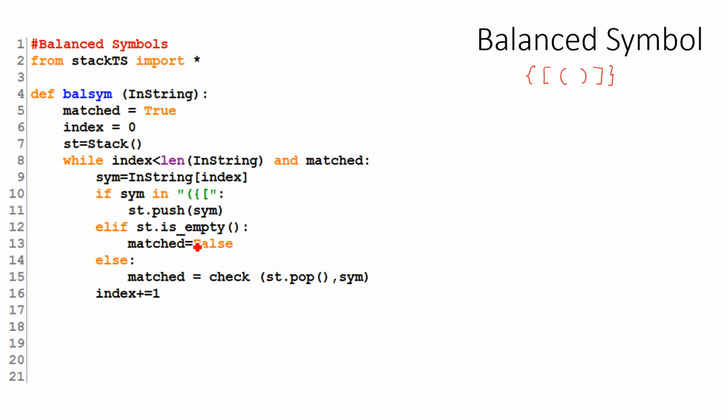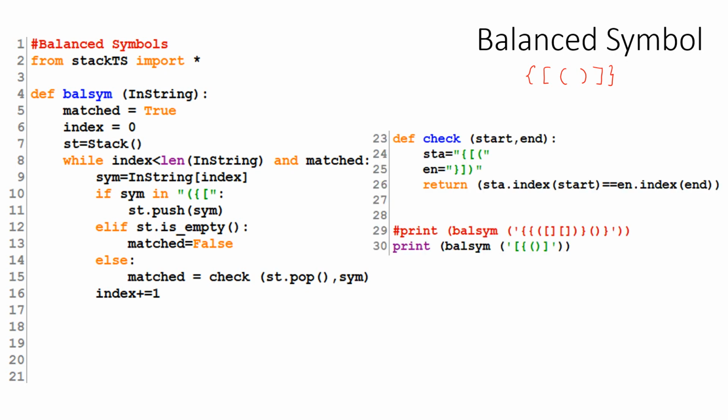If the stack has no content, then we cannot proceed, so we set match to false immediately, and the loop will be terminated. And if it does have content, we pop the content from the stack, but we will not draw the conclusion immediately. Rather, we use one more function here to check whether the types of brackets are the same.